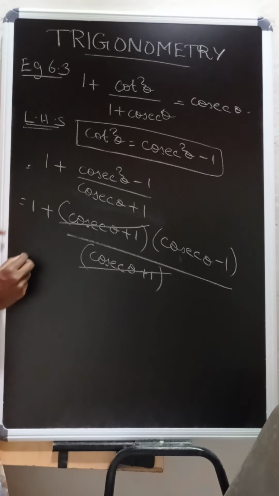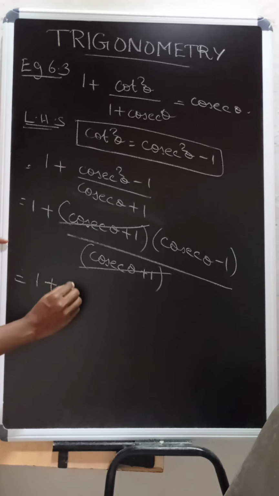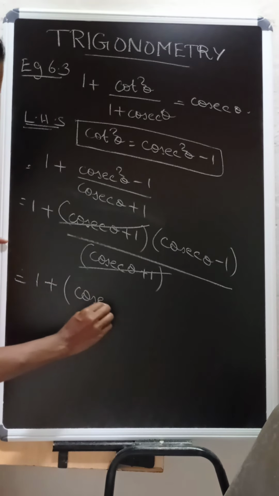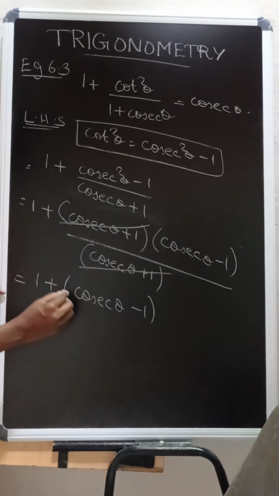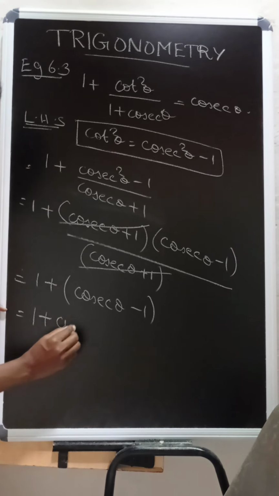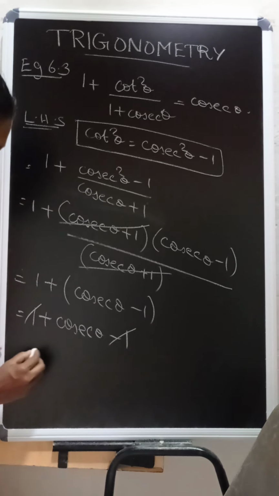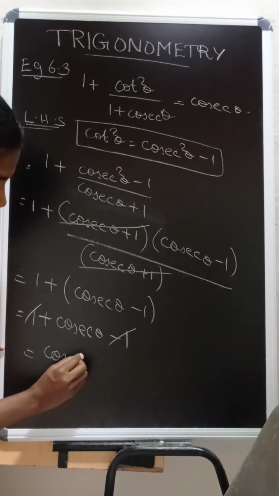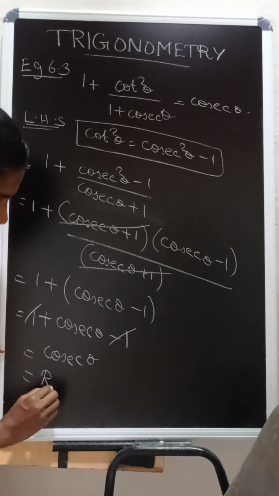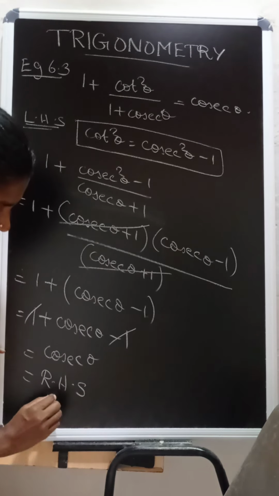Now this and this get cancelled. You will get 1 plus cosecant theta minus 1. Now this plus 1 and minus 1 get cancelled. You will get cosecant theta, which is equal to RHS. Hence proved.